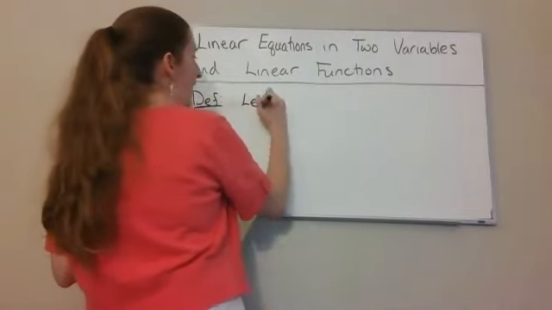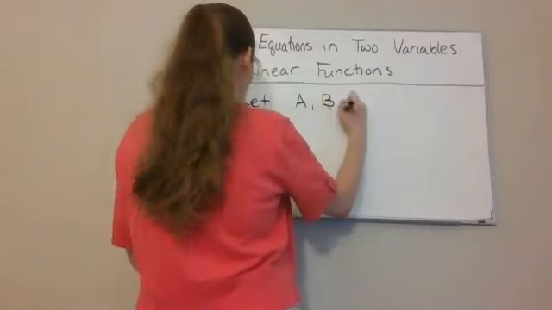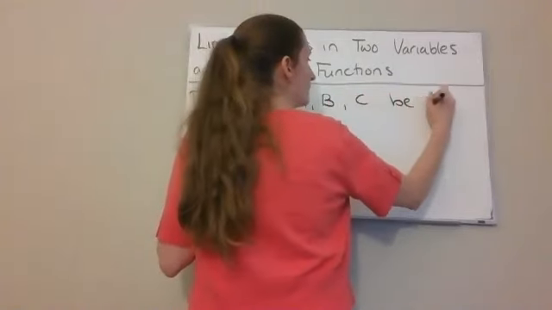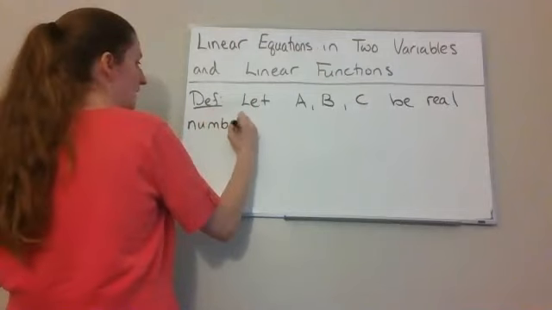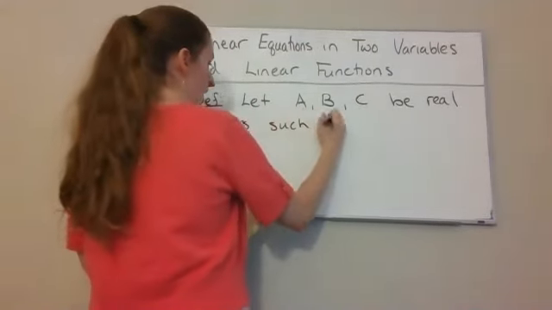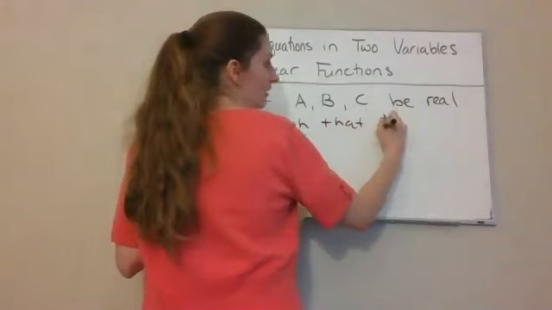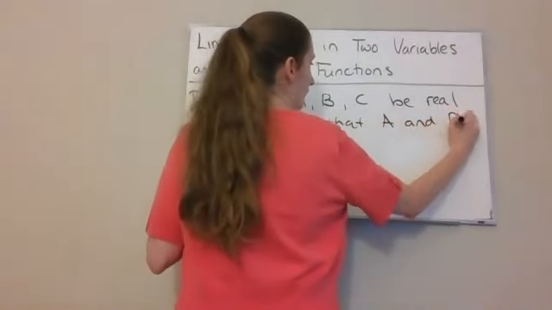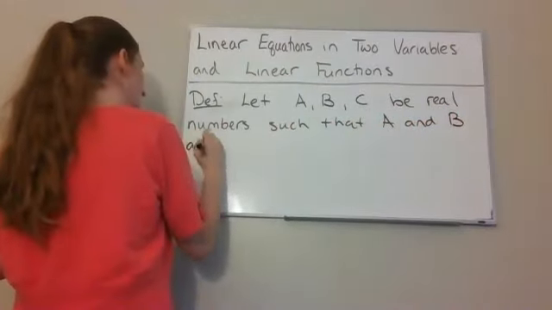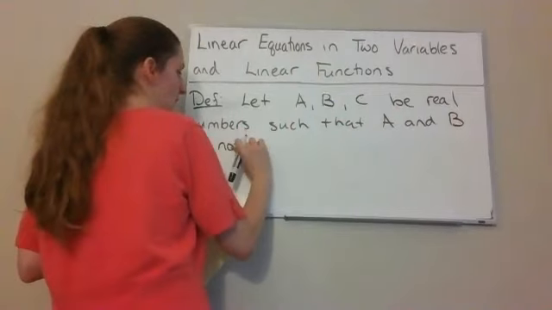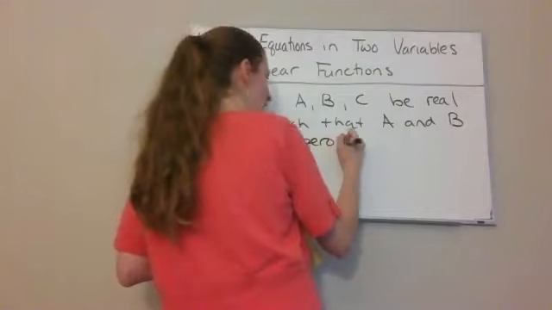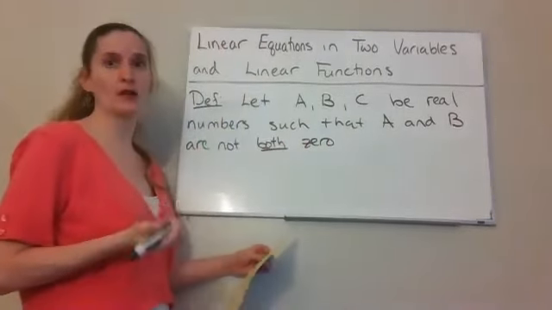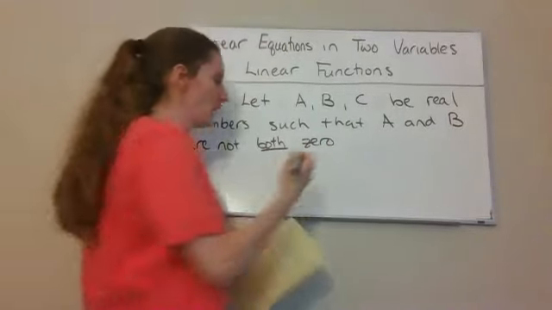So our definition, we're going to let a, b, and c be real numbers such that a and b are not both 0. It's okay if either a or b is 0 as long as they're not both equal to 0.